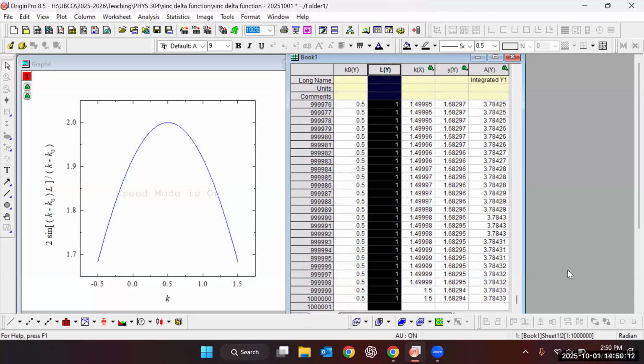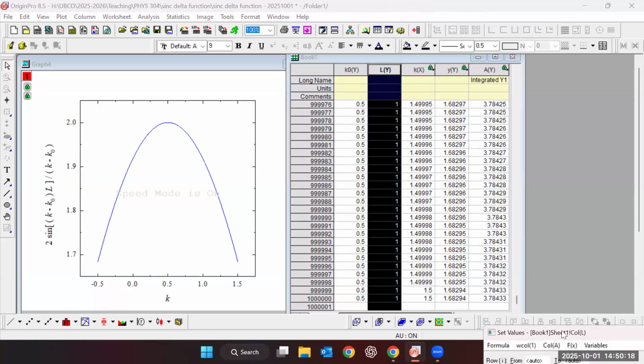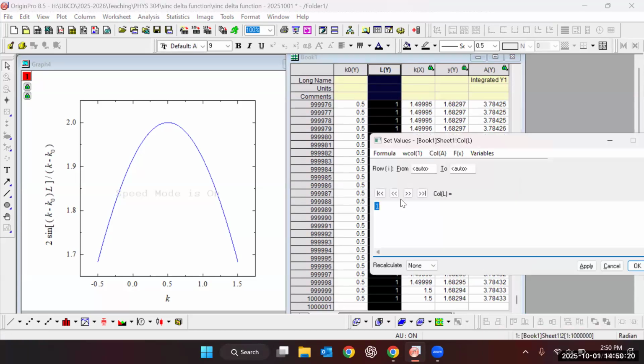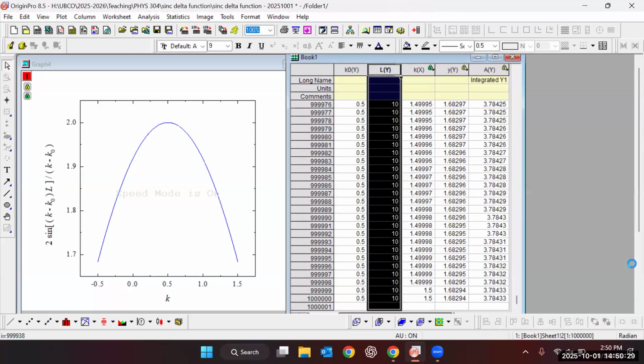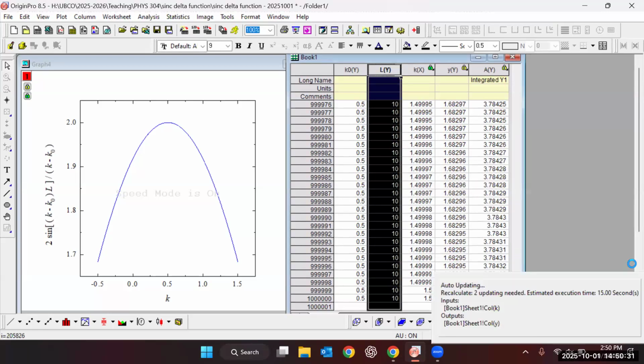So what I'm going to do is I'm going to change the value of L. I'm going to make L equal to 10. Okay, so I'm going to make it quite a bit bigger. So it's saying, oh, you've got to do some calculations. So it's claiming that's going to take 15 seconds.